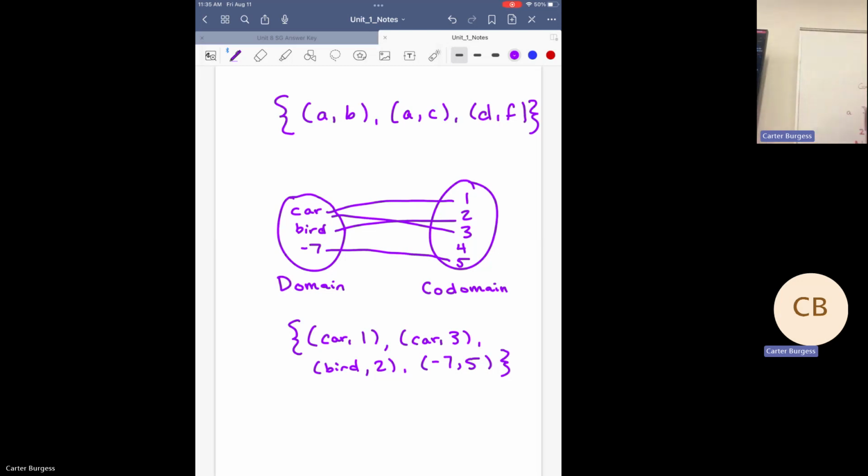Now, a couple of things to notice here. Do we notice anything maybe a little bit peculiar about what's going on in the codomain, which is maybe not something that we've necessarily encountered before? Yeah. 4 doesn't get mapped to. Emily, right? Yeah.